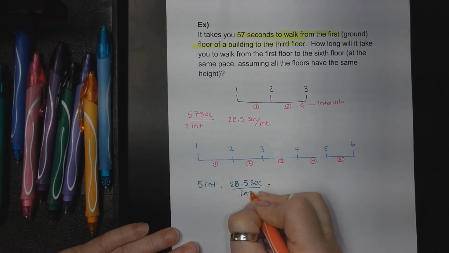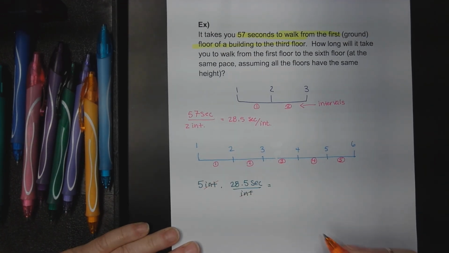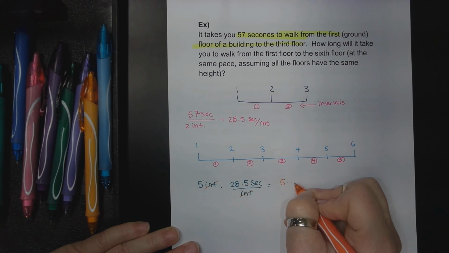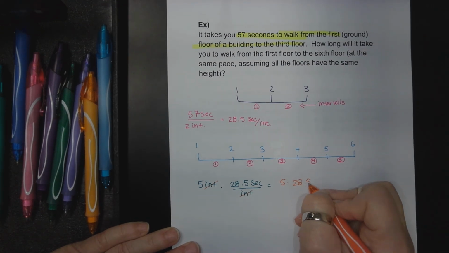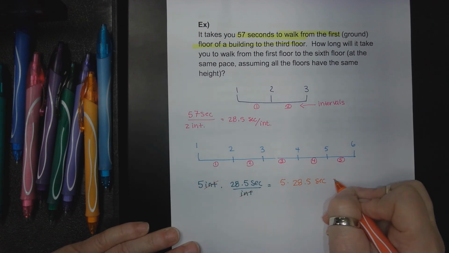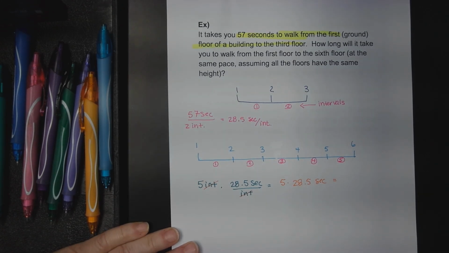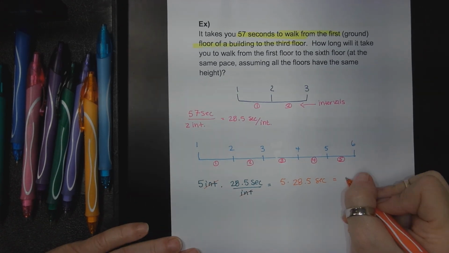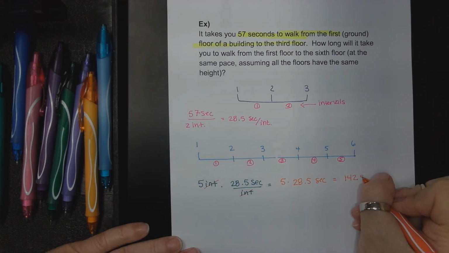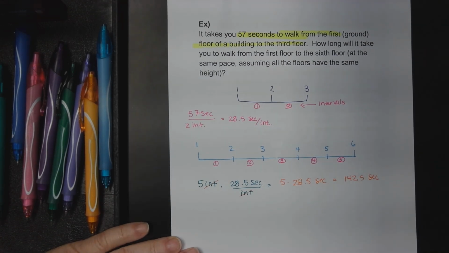We can cancel our intervals. That's going to give us 5 times 28.5 seconds. Cool? And that's going to give me 142.5 seconds to get from the first floor to the 6th floor.